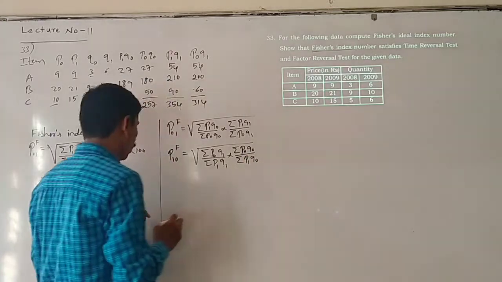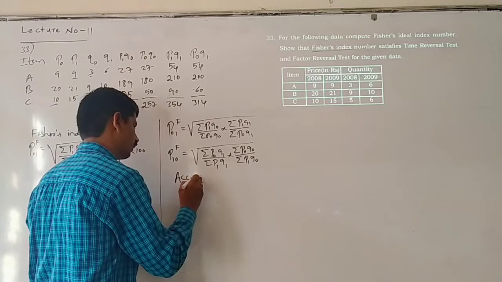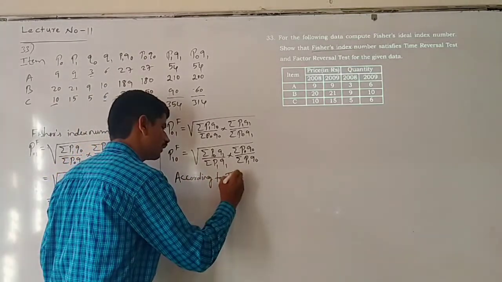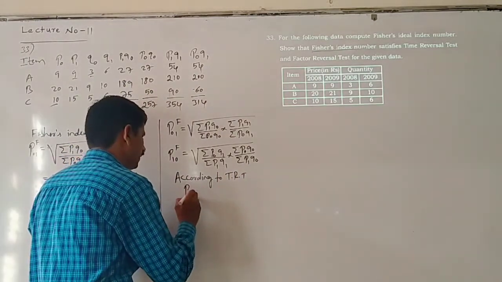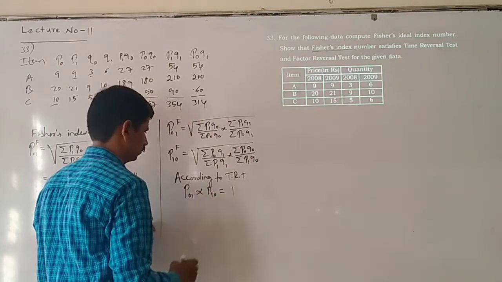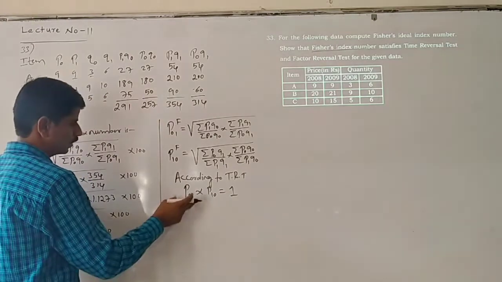Okay, according to the time reversal test, TRT, P01 into P10 equals 1. We have to substitute the formula.